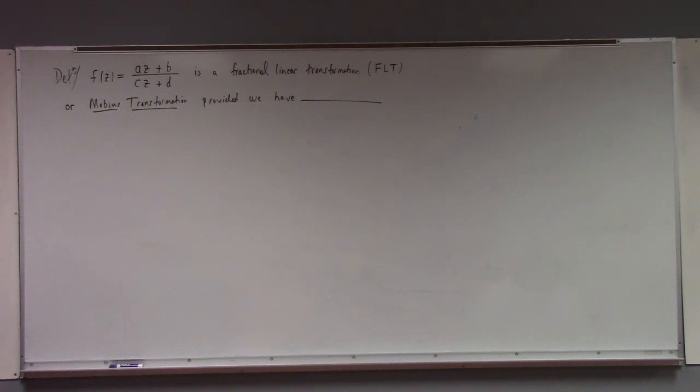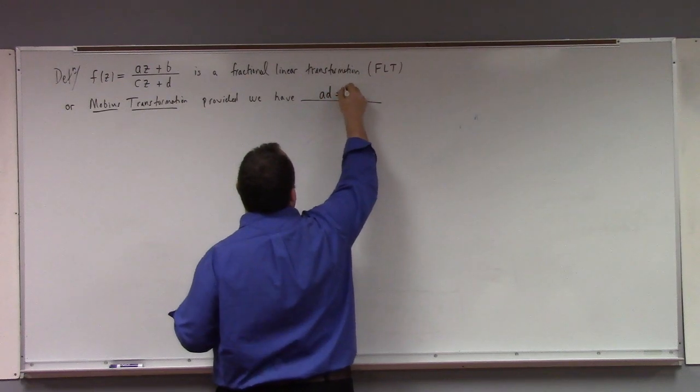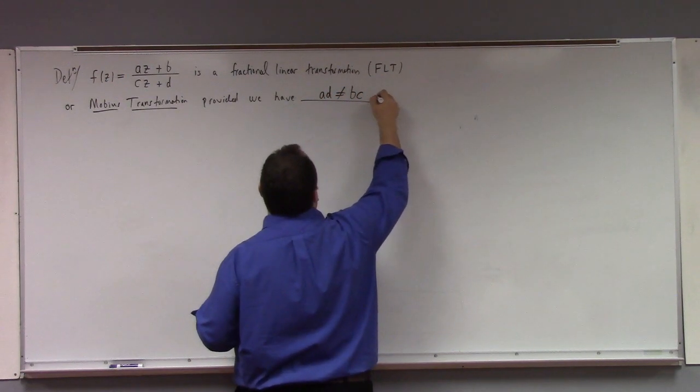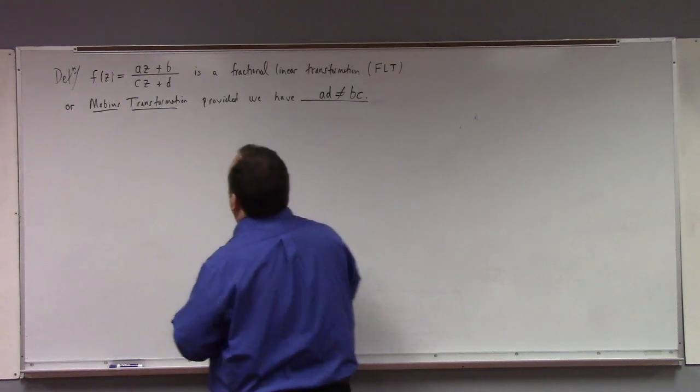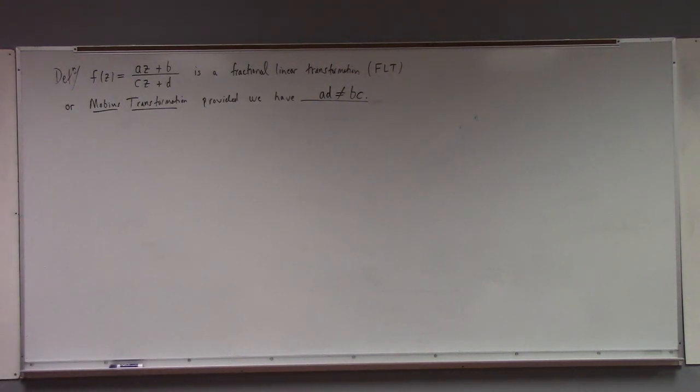So we need that AD is not equal to BC. That's necessary. And I don't think they can all be 0, can they? Oh, true. Fair enough. So I guess that's it.